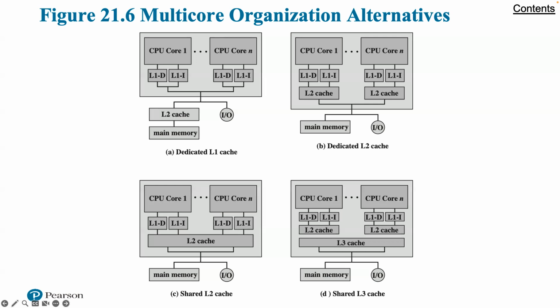Another organizational design decision in a multi-core system is whether the individual cores will be superscalar or will implement simultaneous multi-threading, SMT. For example, the Intel Core Duo uses superscalar cores, whereas the Intel Core i7 uses SMT cores. SMT has the effect of scaling up the number of hardware level threads that the multi-core system supports.